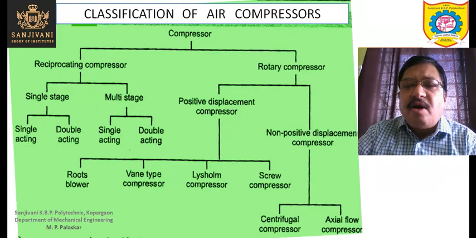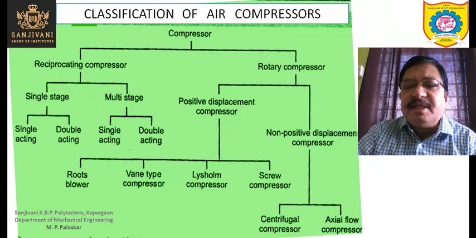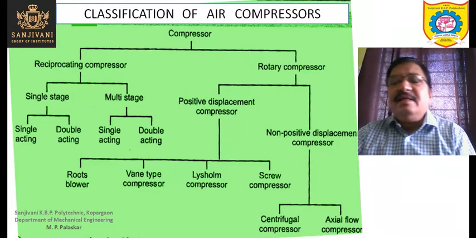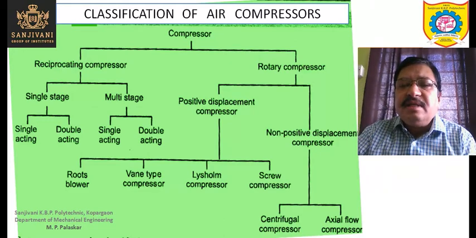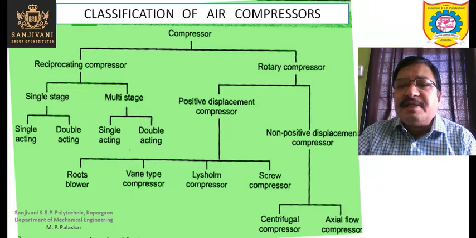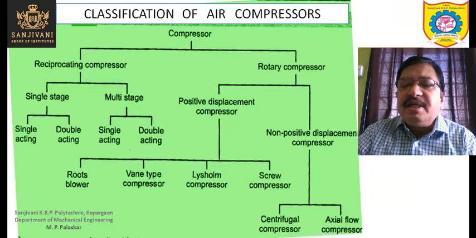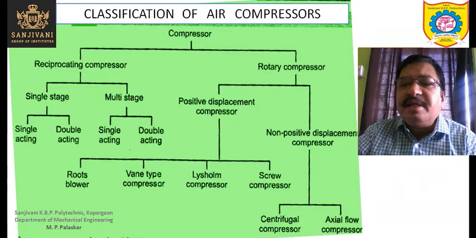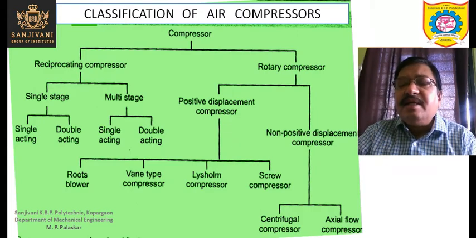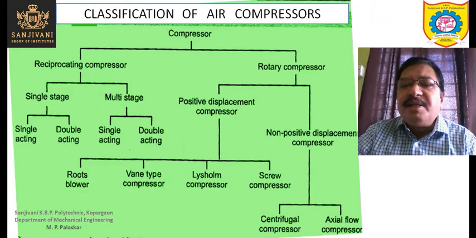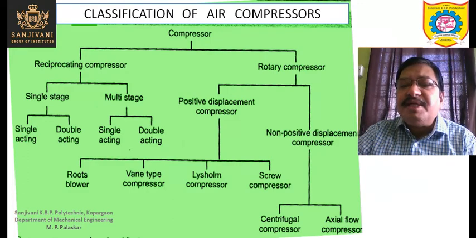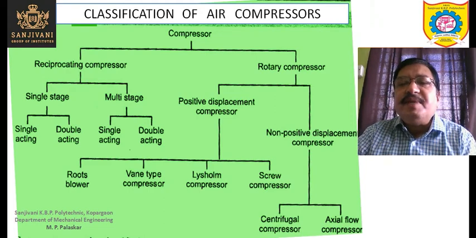In non-positive displacement compressors, the kinetic energy of the air or fluid is converted into pressure energy. So the velocity decreases and the pressure increases. Thus the compression takes place by virtue of the conversion of kinetic energy into pressure energy.